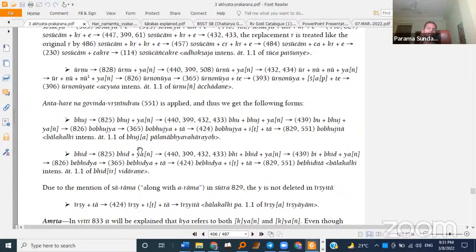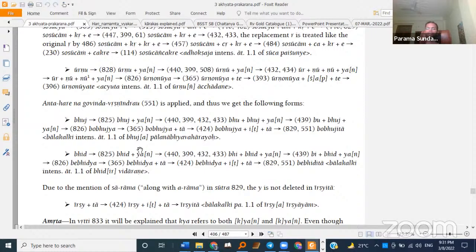By Vishnu Janath, Sarama Yasya Haro, Ramadhatuke. And after deleting ya, no Govinda is done. Antaharina Govinda Vishnendra. Bobhujita. Bobhujita.